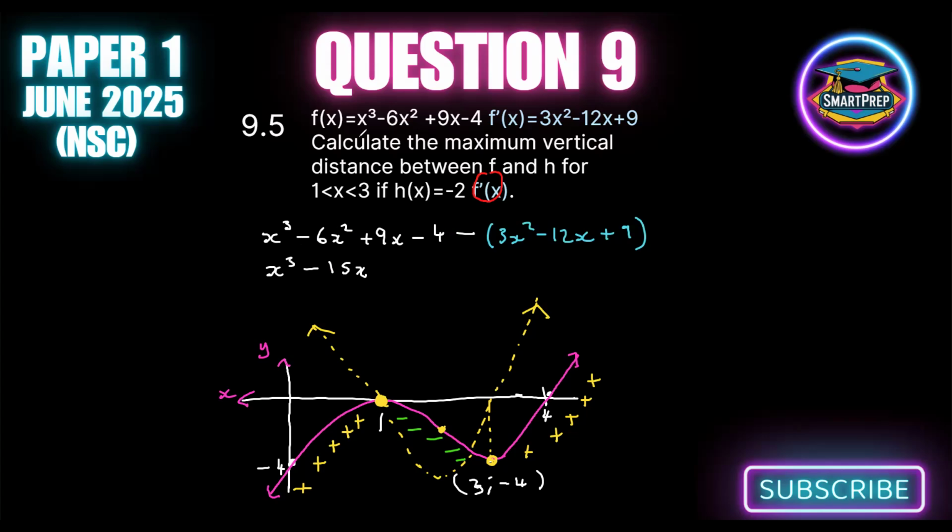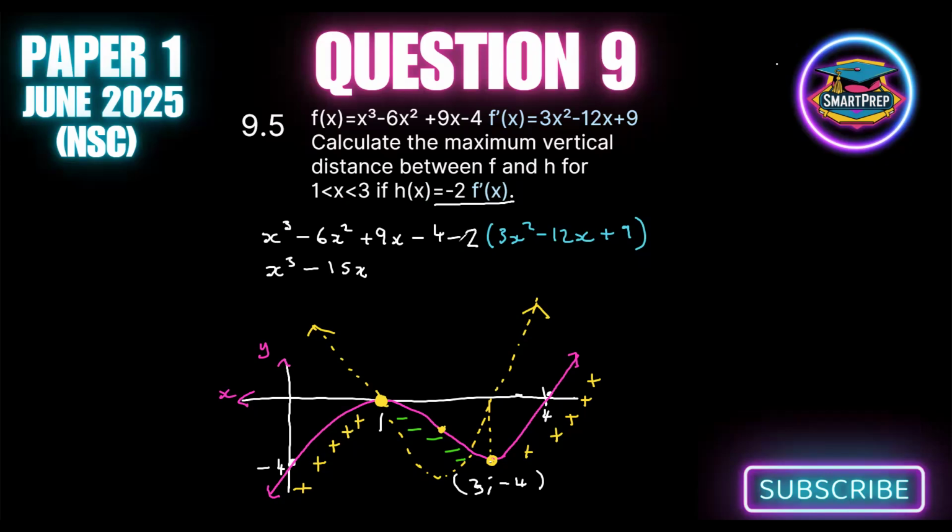No, they don't. Oh, no, they won't cancel yet. We subtract, remember h of x is between f and negative 2 f of x. So we have to put a negative 2 here. Okay, yes, there we go.